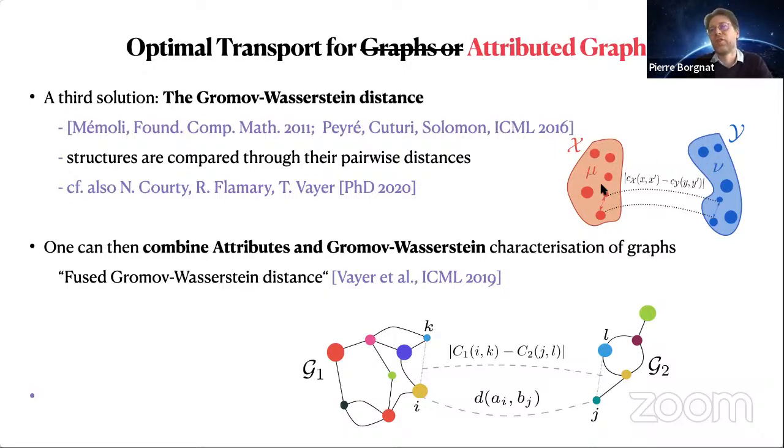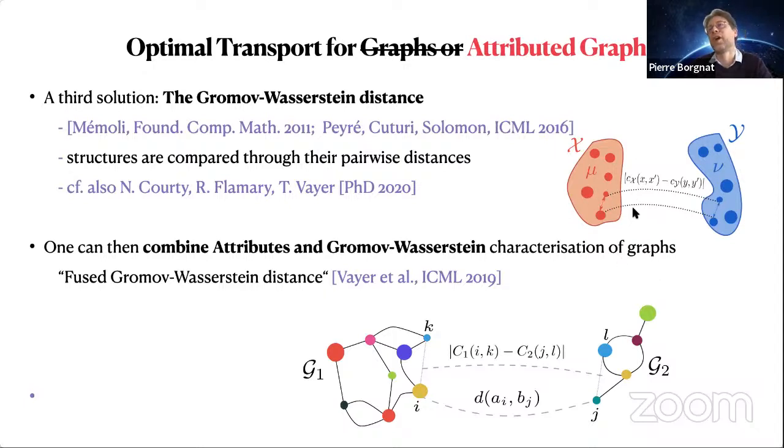You don't create, in fact, directly a cost between the nodes. What you are comparing is the topology of the initial distribution and the topology of the target distribution. And one way to define the topology of the distribution is to use a Gromov approach coming from geometry. You say the topology for distribution mu is the set of pairwise distances in your initial data. And the same for nu.